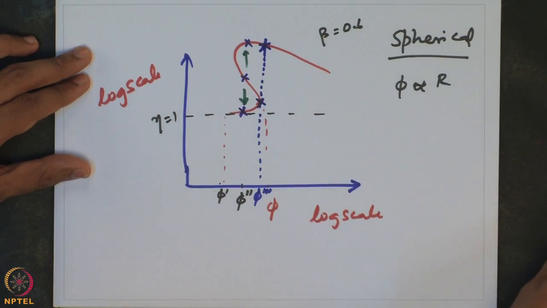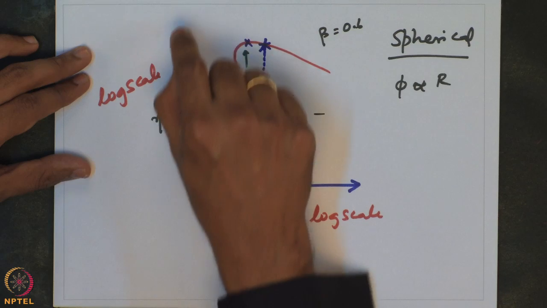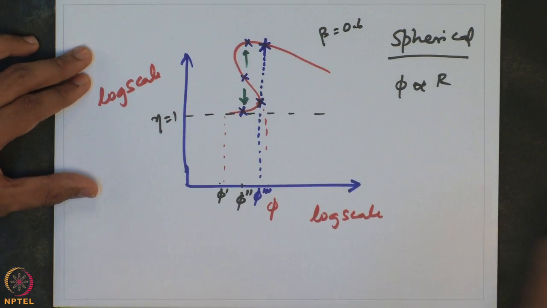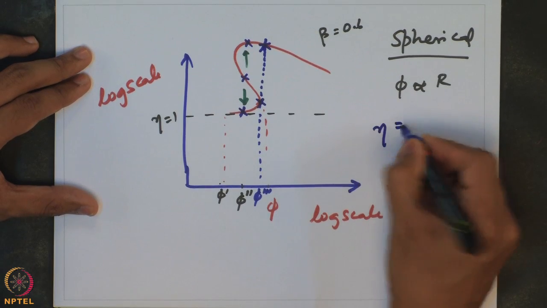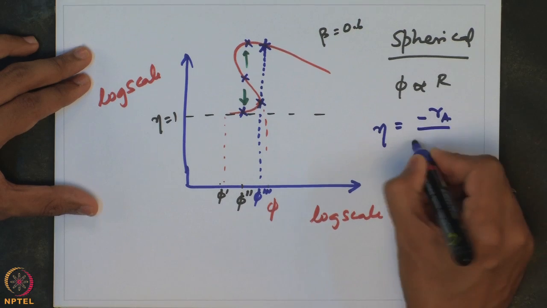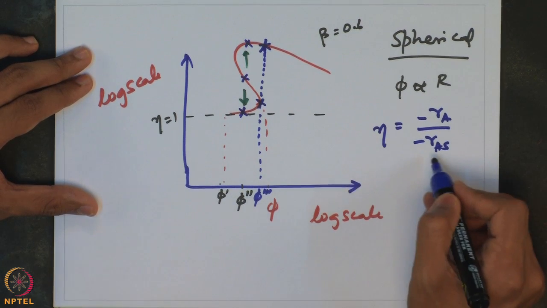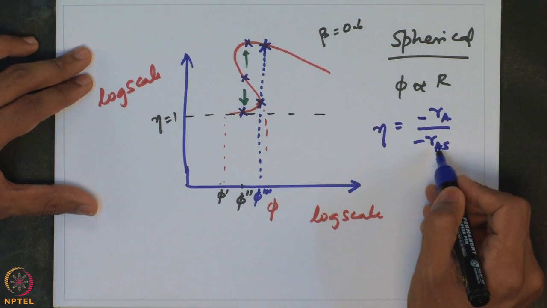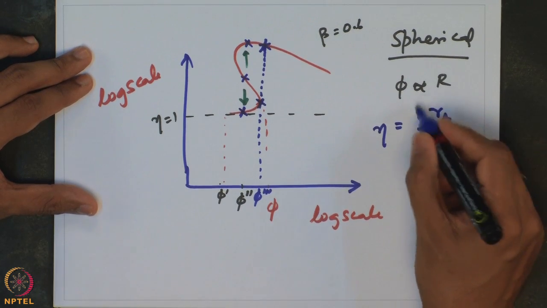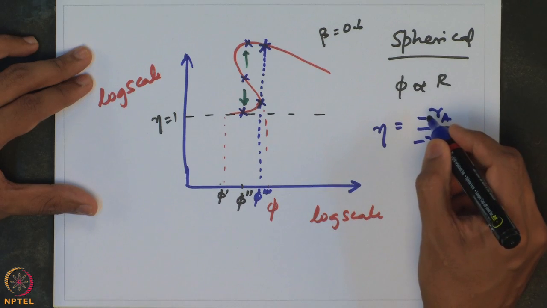Now, what does that mean? If the effectiveness factor is increasing, we observed that the effectiveness factor is basically given by RA by minus RAS, and if the effectiveness factor increases for given conditions of a specified surface concentration and surface temperature, then it automatically implies that the reaction rate is actually increasing.